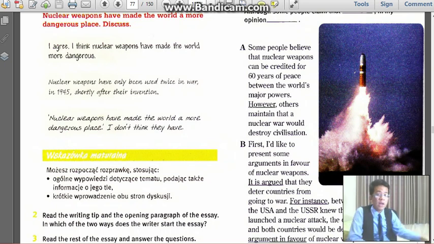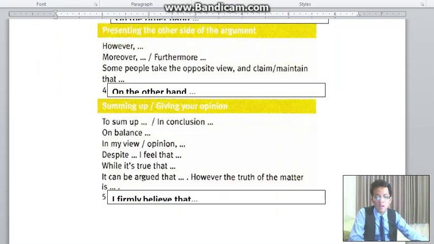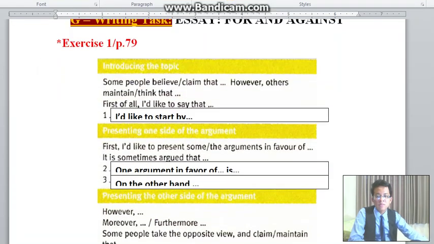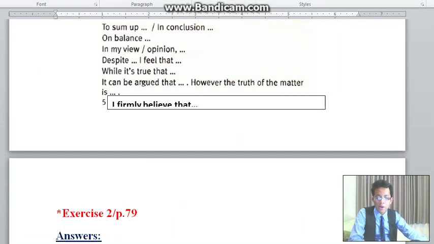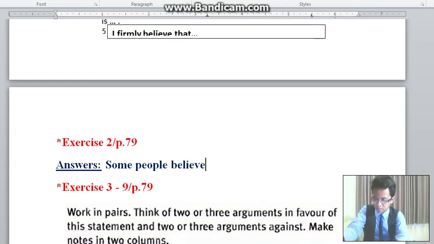That's how the writer introduced it. So some people believe. Underline it. I will also write it down: some people believe that.